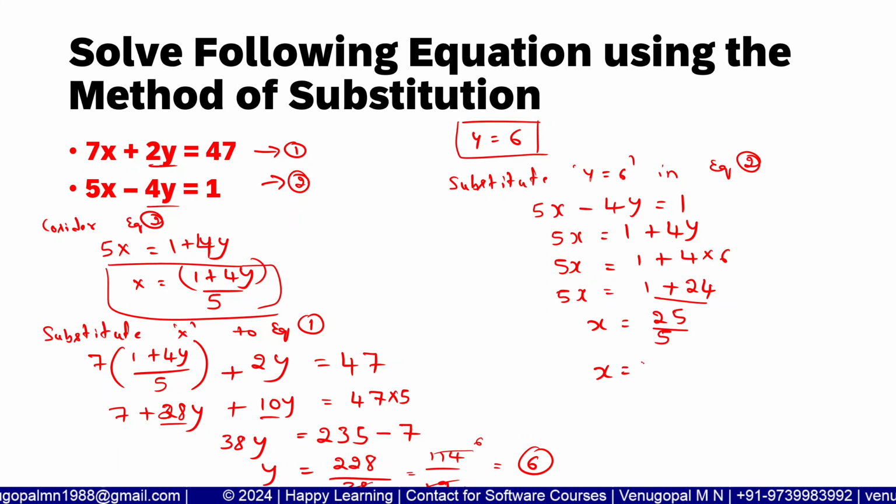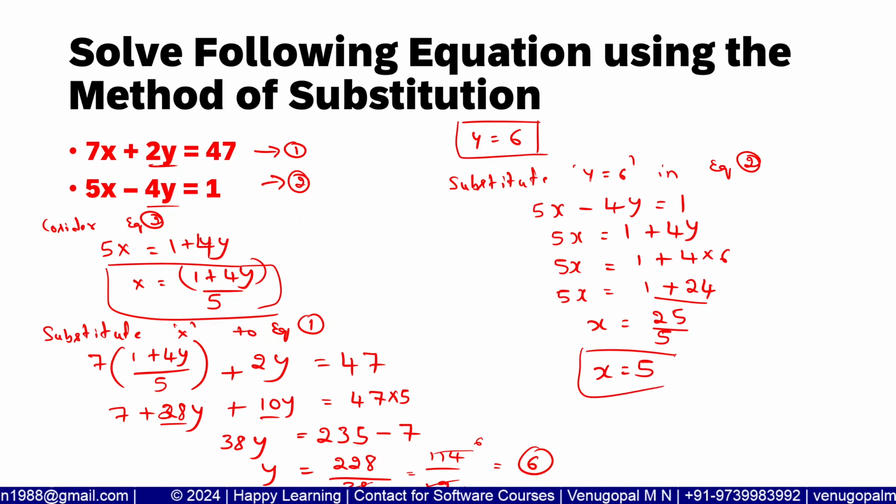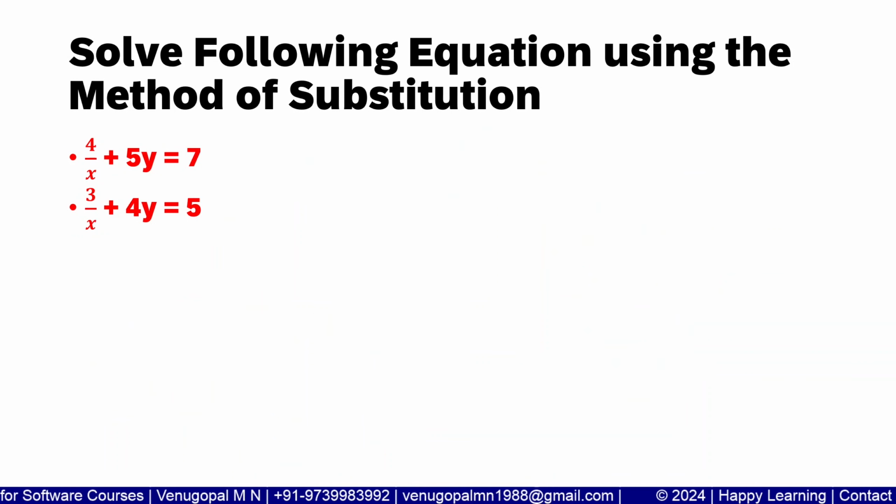So x is equal to 5. So we have successfully derived the value of y is equal to 6 and x is equal to 5. If you assign these back here, this equation will hold good, or this equation will be satisfied, meaning LHS would be equal to RHS.